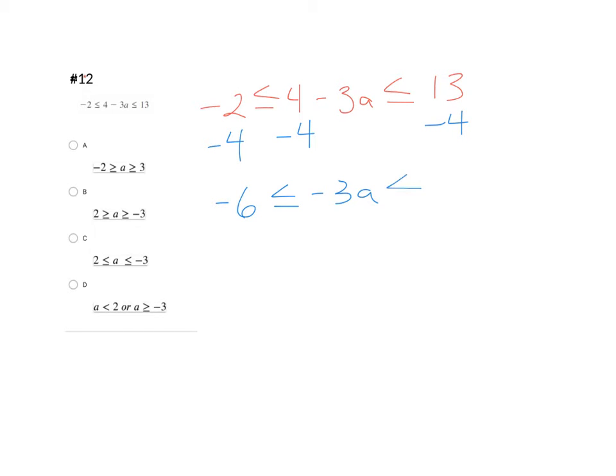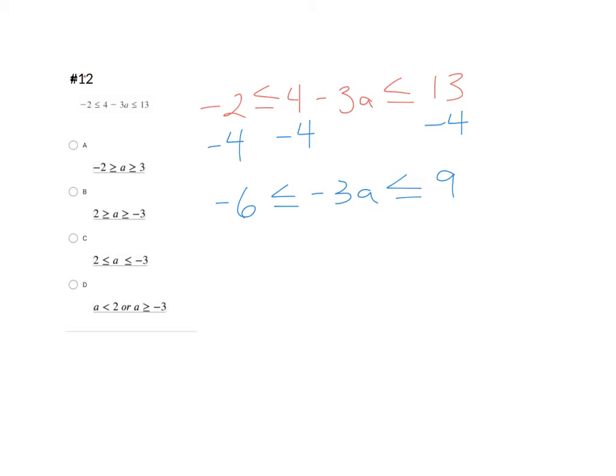Question number 12, we've got negative 2 less than or equal to 4 minus 3a less than or equal to 13. Start by getting rid of that positive 4 in the middle. To get rid of this positive 4, we're going to subtract 4 from all three sides. That's going to give us negative 6 less than or equal to negative 3a less than or equal to positive 9.